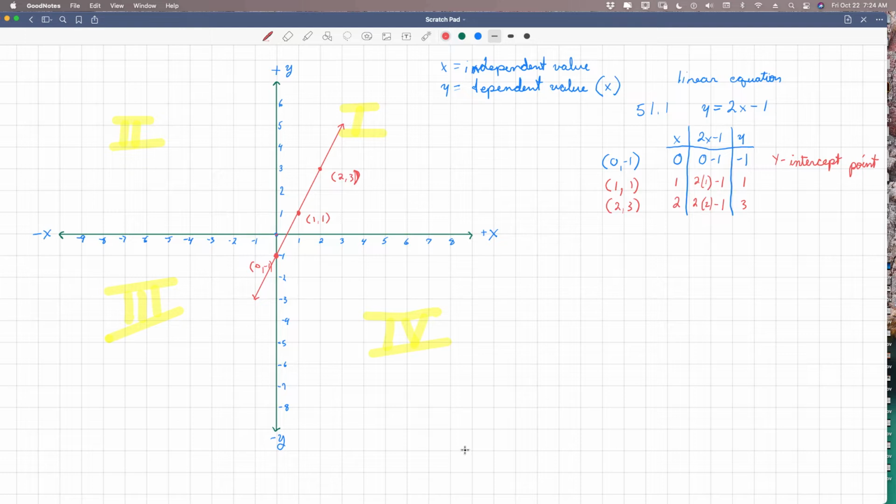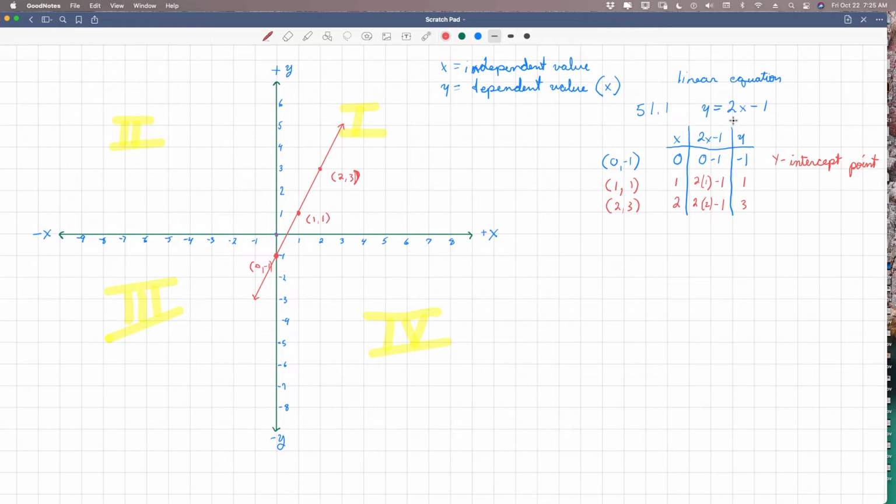And that is why we call this the y-intercept linear equation. When we solve for y, it tells us what the intercept point on y is going to be when x is at 0. Because when x is at 0, this is the point that it crosses the line.